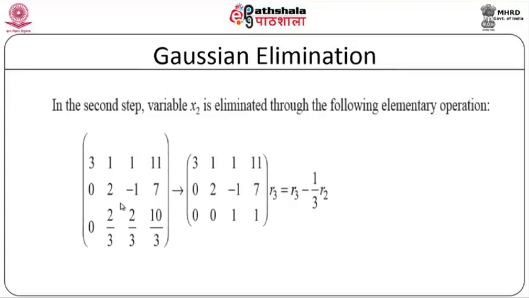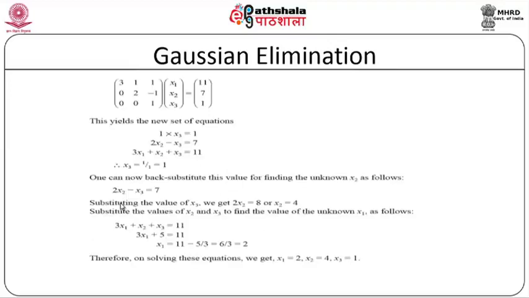Now, you can see that the last equation is very easy to solve, that represents x3 equal to 1. Once you find the value of x3, you substitute in the penultimate equation. So, it becomes 2 x2 minus x3 equal to 7.